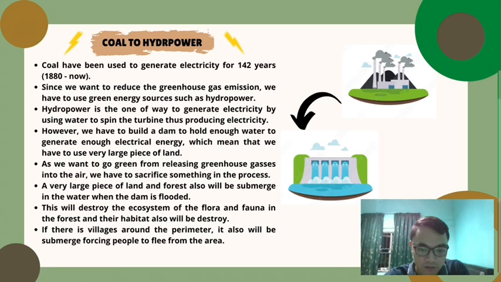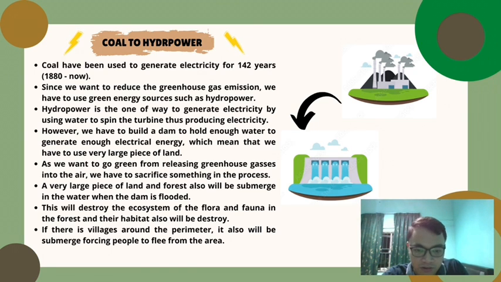As we want to go green from releasing greenhouse gases into the air, we have to sacrifice something in the process. For the process from coal to hydropower, we have to sacrifice a very large piece of land and forest because it will be submerged in water when the dam is flooded.